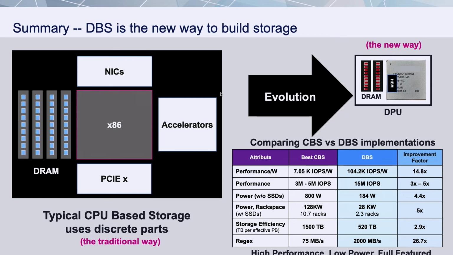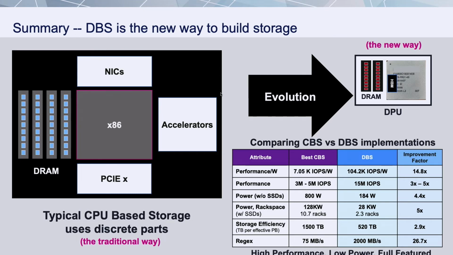And then I just summarized all of the different attributes: performance per watt, power, rack space, storage efficiency, all of that stuff, and said, look, there is significant benefit, and I hope after this talk, more of you will at least give it some consideration. We've built the first DPU-based storage. We're talking to some others. I'm hoping that some others will also do, and I think for us it'll be a success if more people start to see this and start to see the value and start to move in this direction.